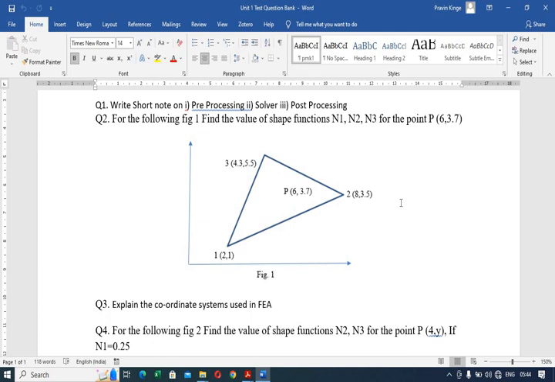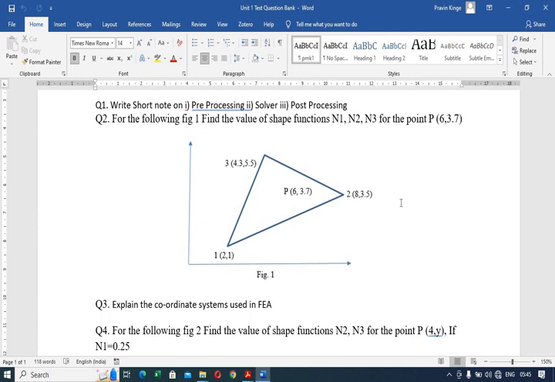So basically in the natural coordinates, the shape function n1 is denoted by psi. In natural coordinates, shape function n2 is denoted by eta, and with reference to the property of the shape function, the summation of all the shape functions for a particular element is always 1. So n1 plus n2 plus n3 is equal to 1. So n3 will be equal to 1 minus n1 minus n2. By using these notations, you can use two formulas for finding out the remaining two shape functions.